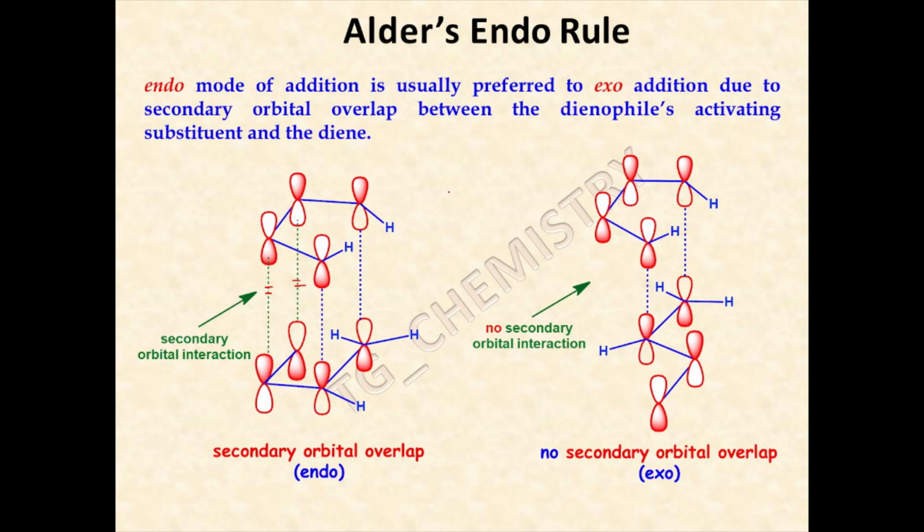So this is the Alder's endo rule, that the endo mode of addition is usually preferred to the exo addition, when the dienophile's activating substituents and the diene interact with each other. This is very important to understand. Okay, so the product formation and the stability of exo and endo product.